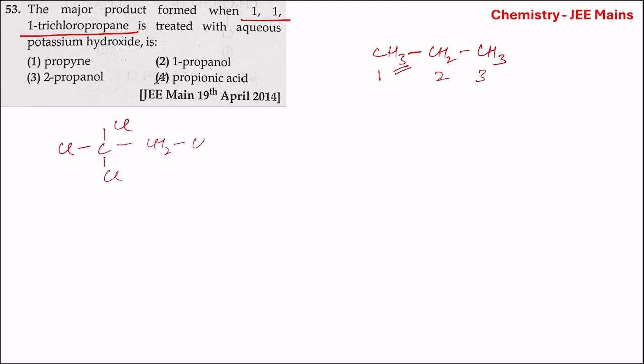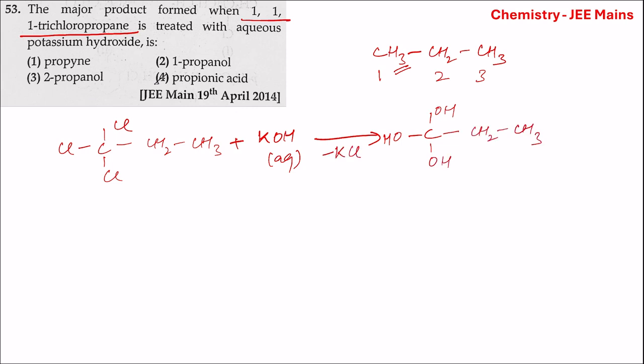1,1,1-trichloropropane. And when this is treated with aqueous KOH, then all the chlorine atoms are substituted by OH groups. So all the 3 chlorine atoms get substituted by OH groups and chlorine is removed as potassium chloride.